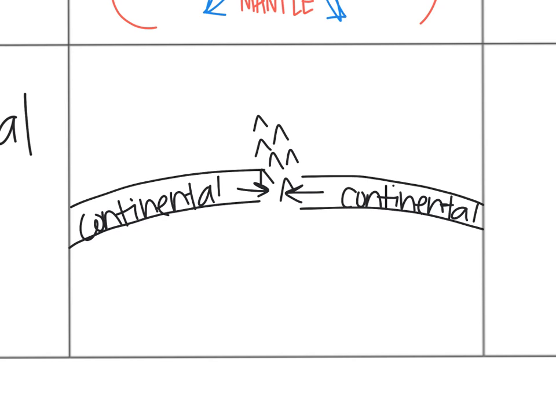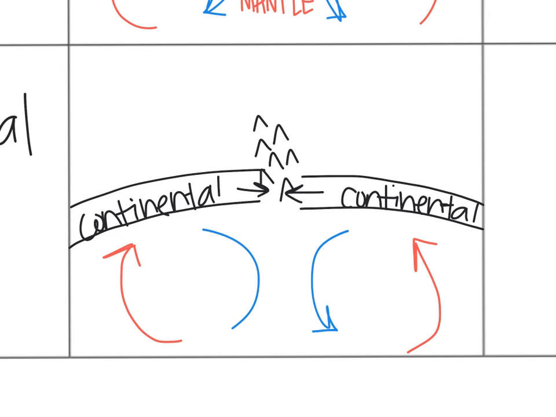And make sure that you are showing what the mantle is doing, either underneath or over on the sides. It doesn't necessarily have to be directly beneath it where this is happening. It can happen like over here somewhere, and it's pulling it and pushing it, and it's making this happen. I should write the word mantle here. So we got the mantle and we've got the crust that we're showing.